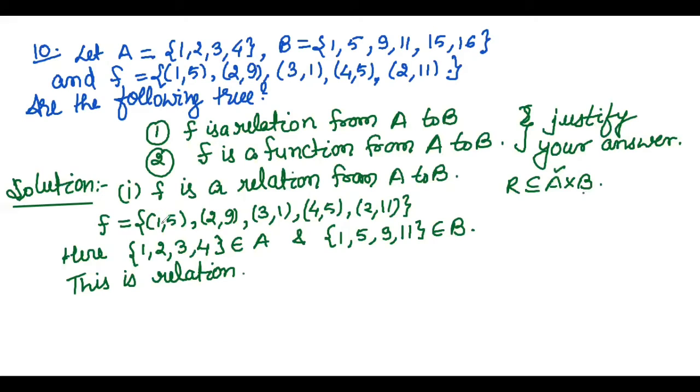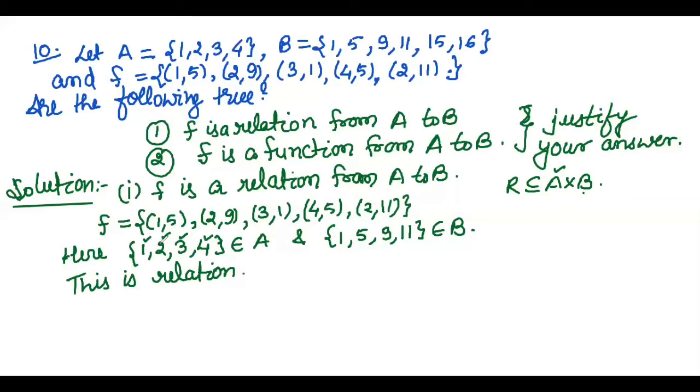So here we are getting, here (1, 5) is there. So 1 belongs to set A. Then (2, 9). Then 2 belongs to set A. (3, 1). Then 3 belongs to set A. (4, 5). Then 4 belongs to set A. And (2, 11).